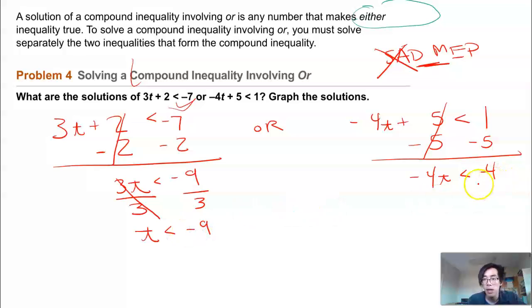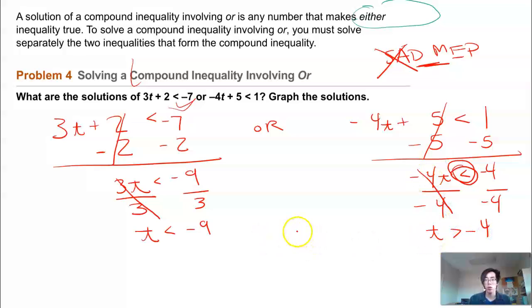And then on this side, you divide both sides by -4. And remember, folks, when you're dividing or multiplying both sides by a negative number, you need to switch the inequality sign in the other direction. So this cancels out, and you're going to get t is greater than -1.